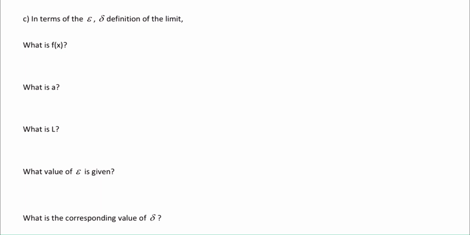So in terms of epsilon and delta, let's look at the different pieces. What is f of x? F of x, as we said earlier, is the area. What is a? A is the target radius, that ideal radius. What is L? L in this case is the target area.